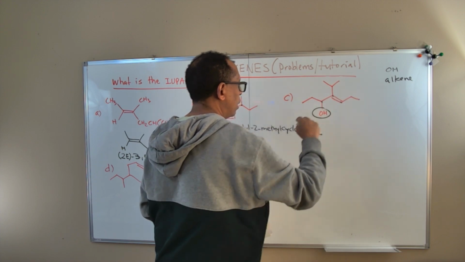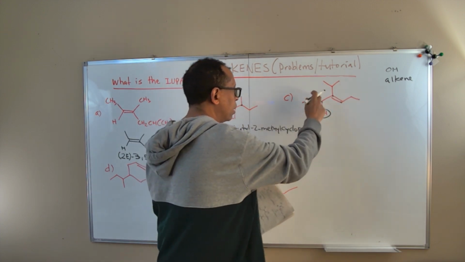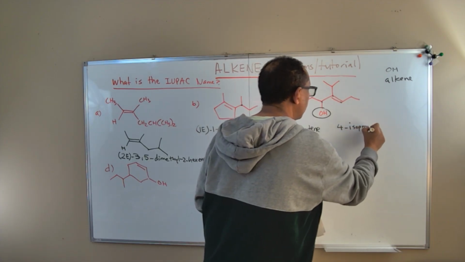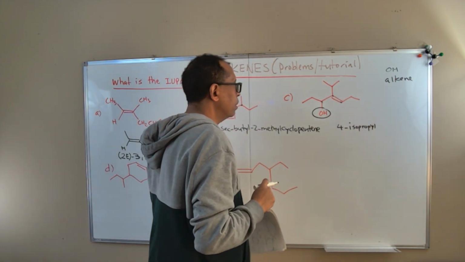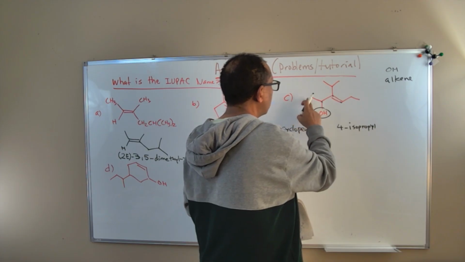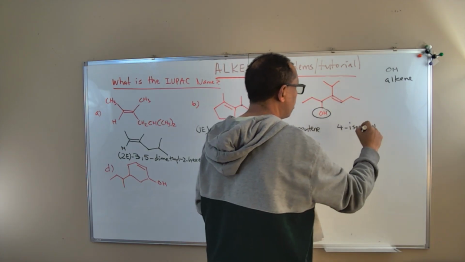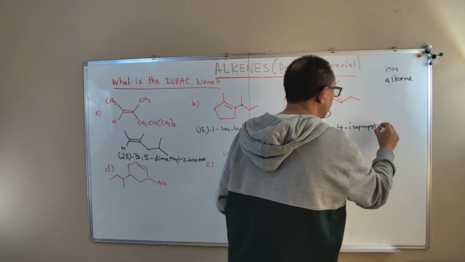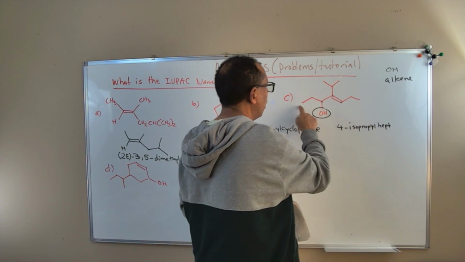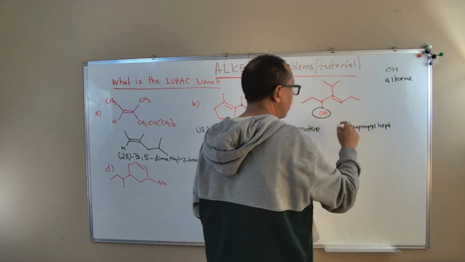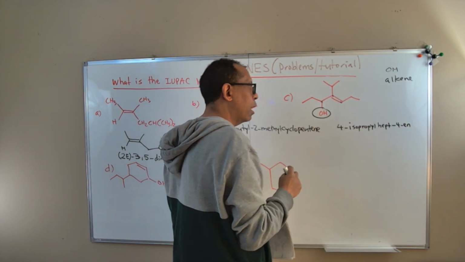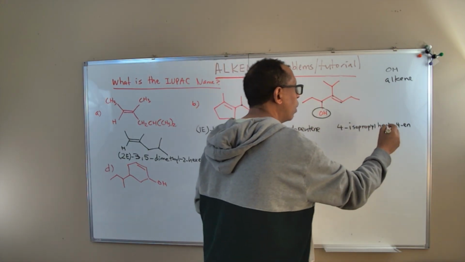So how to say this? 4-isopropyl, and at the 3 position I have that, but this is a heptenol. The ene, where the double bond is: hept-4-en-3-ol.